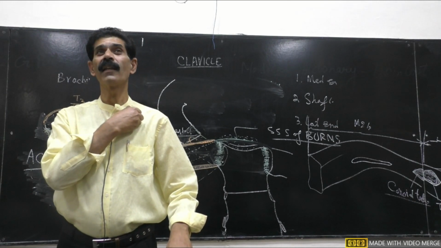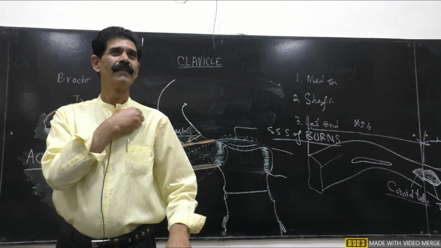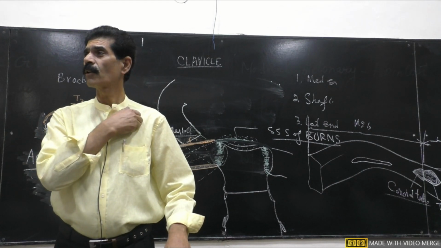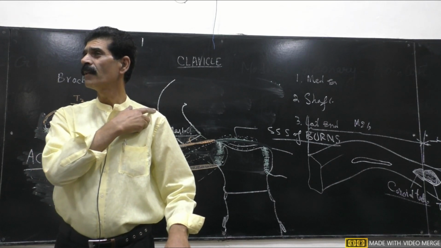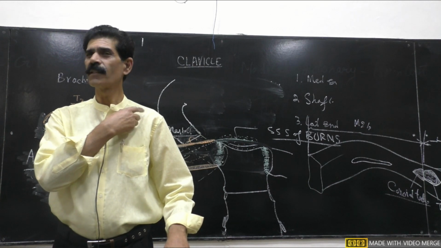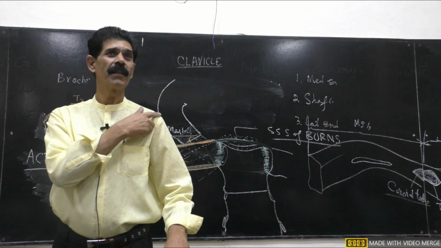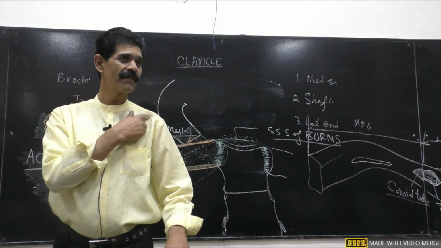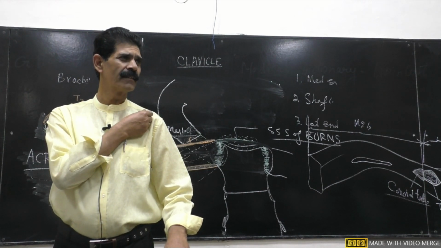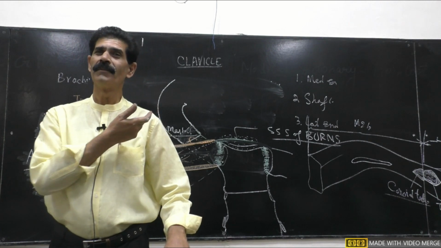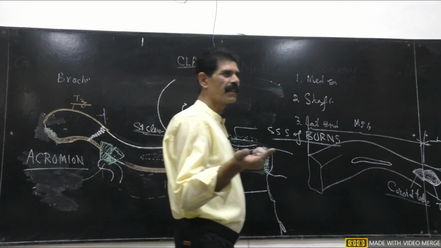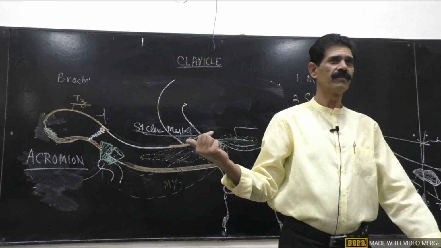Oh, there is some swelling. So your hand or your thumb or finger will feel that some problem is there at the junction of medial 2/3 and lateral 1/3. Because lateral 1/3 is normally flat, then what is this swelling? Not visible. Then you go for X-ray, and the X-ray will show there is a fracture.